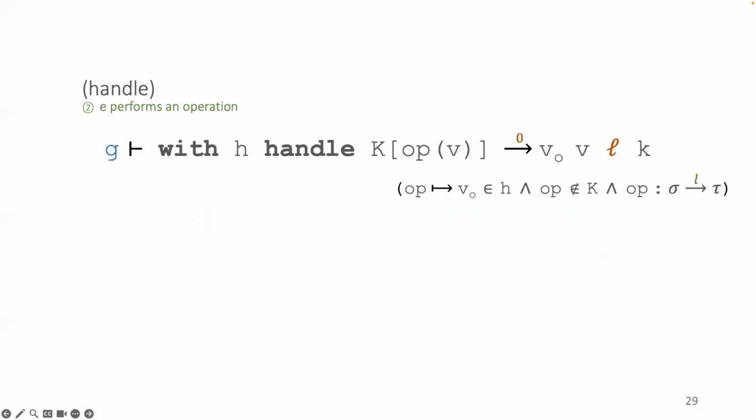And more interestingly, what happens if E performs an operation? So this is the actual very important bit in the semantics that gets us the choice continuation and gets our examples to work. So if E performs an operation, in this case, we are trying to find the handler that will handle this operation. So we write this capital K as the evaluation context that sits between where the operation is performed and where the handler is, which is the handler that we use to handle this operation.